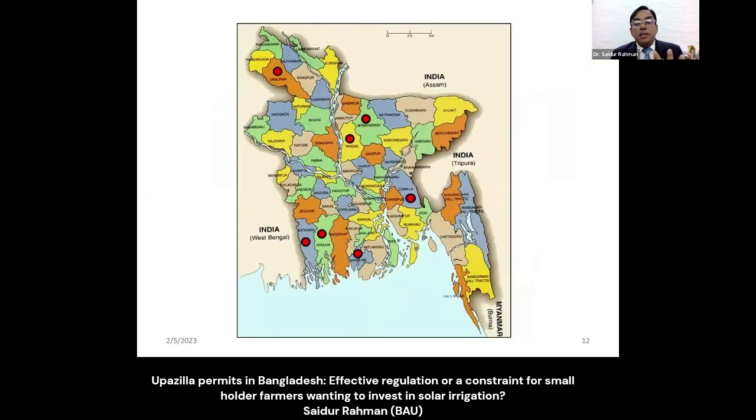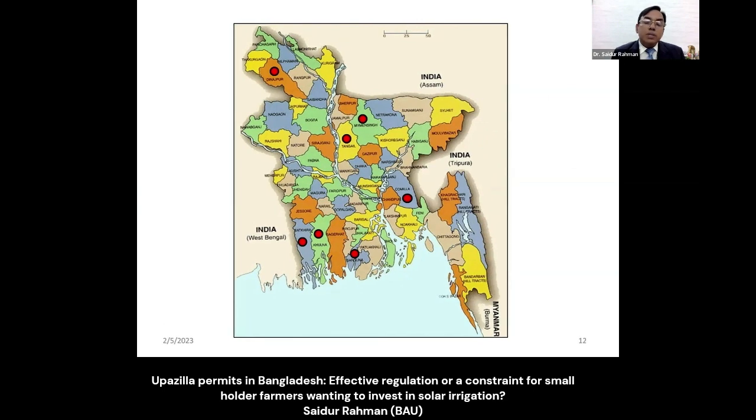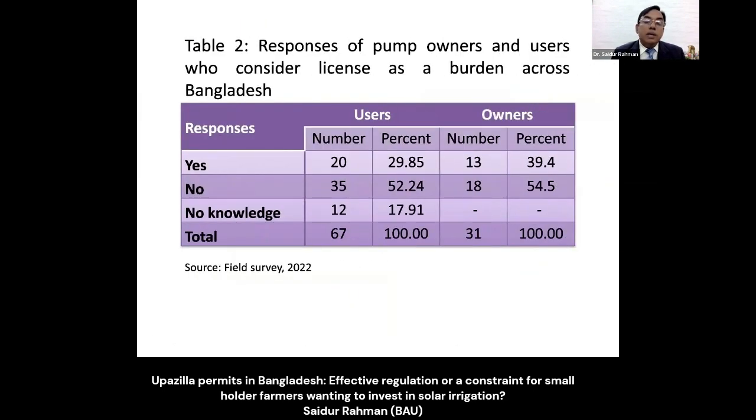So you can see the distribution of 7 villages in Bangladesh. We tried to cover almost the whole area, but our data set is very small because we could not cover all the area together. If we see some response from the pump owner and user, particularly I would focus on the licensing system, whether it is a burden or not. In fact, our farmers are giving very good response in favor of these Upazila permits.